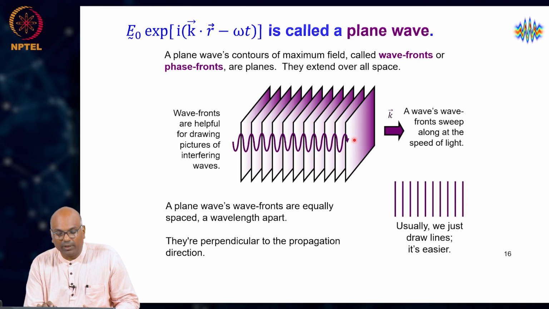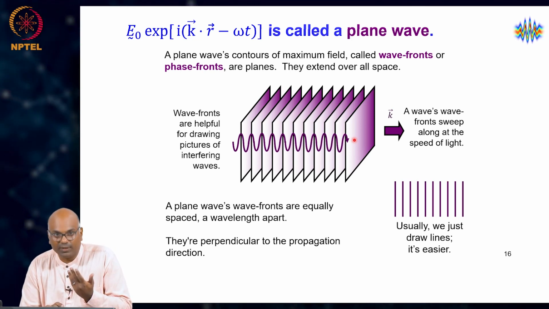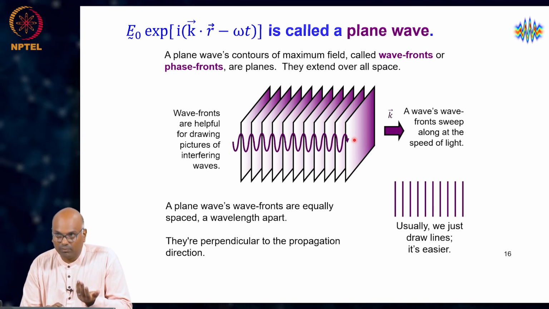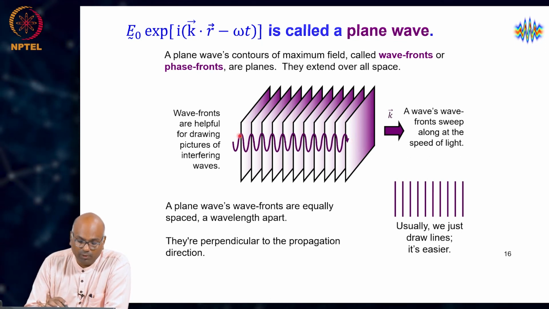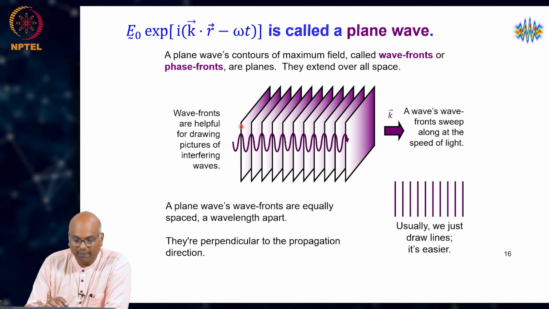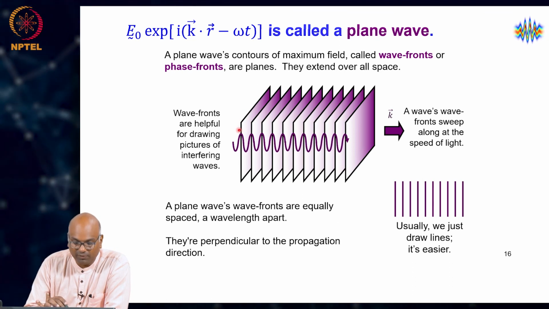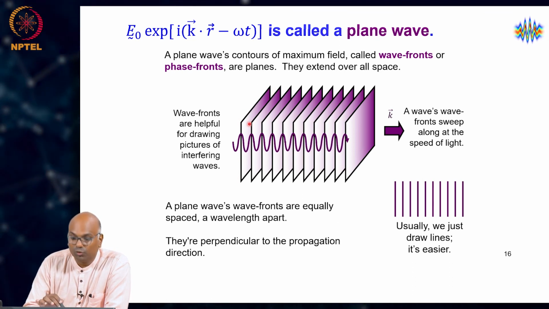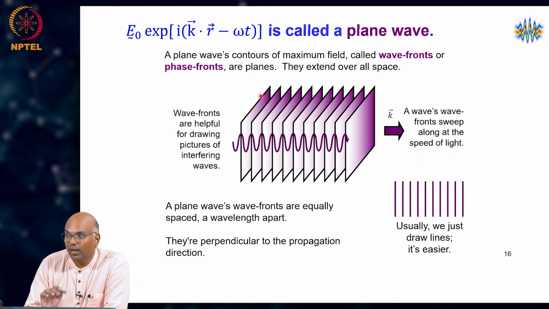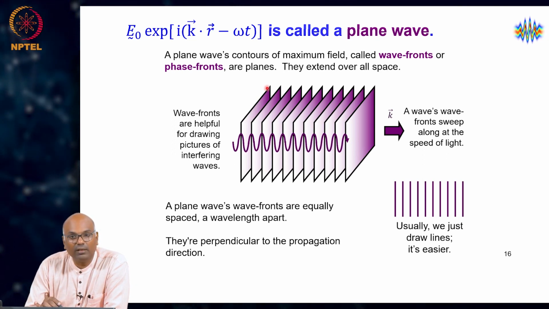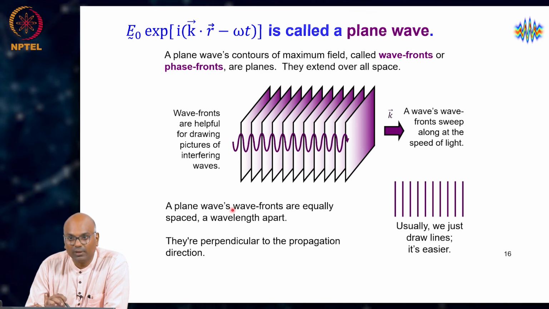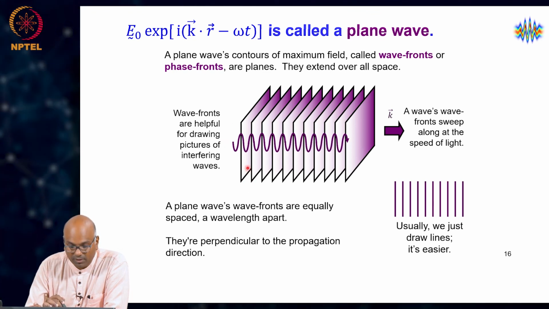All these points have the same phase value, modulo 2 pi. Look at this plane which we have sketched over here. Throughout this plane, at a given instant of time, the value for the phase is identical. So, these are points of the same phase.